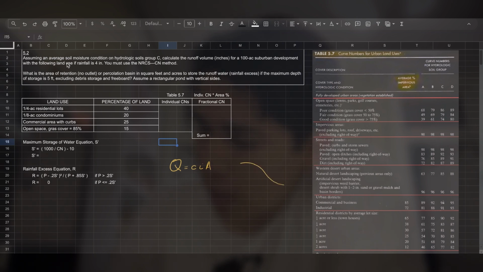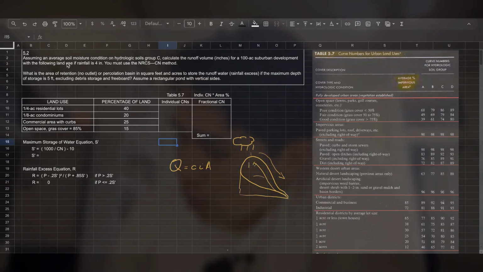Like if we have a watershed, I drew something like this in a previous video, and there is a slope, right? Let's say this is the underground of the watershed. So the water is going to flow downstream, right? And we have rain falling on this watershed.